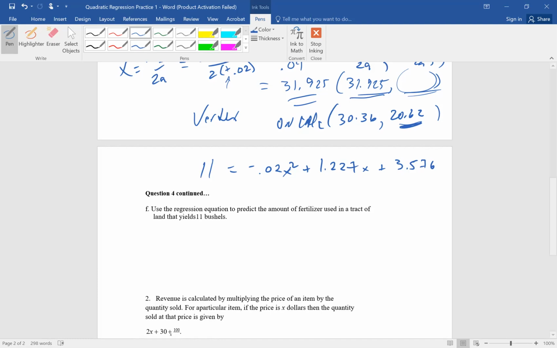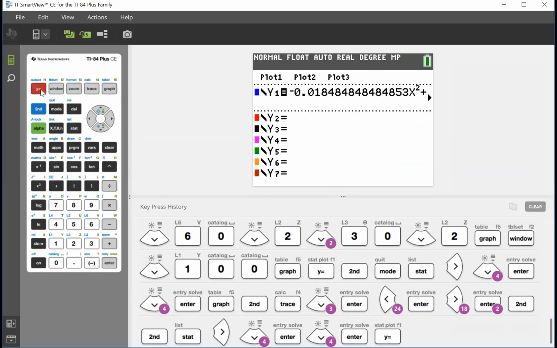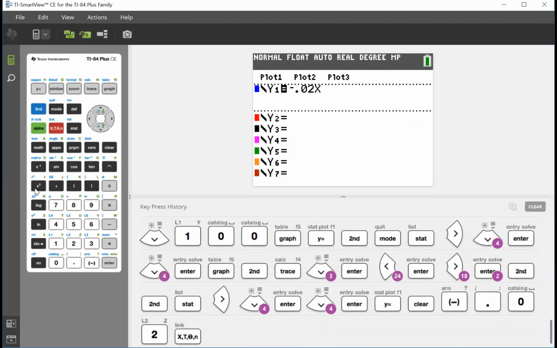So if I switch over to my calculator once again, notice those are the values for the calculator, and we already went over how to get the calculator to take those in. But if we use my equation, or how I rounded it, you're going to have negative, I think it was 0.02x squared.